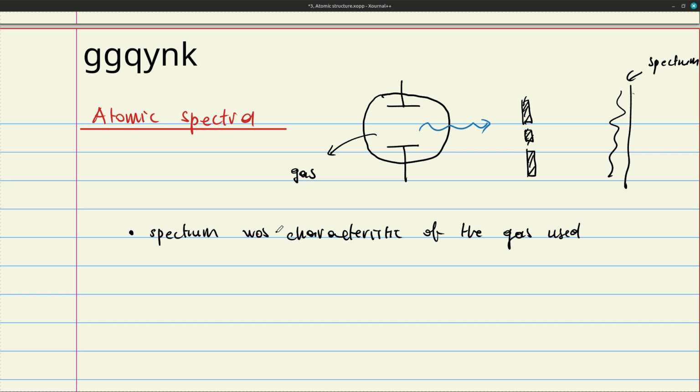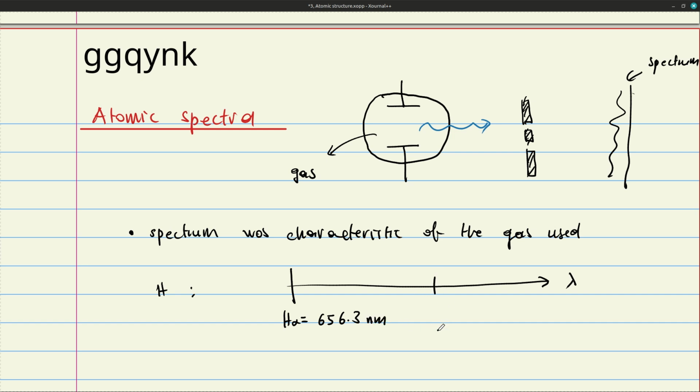Here's the result for hydrogen. This axis is wavelength. You had one spectral line which is called H alpha, at 656.3 nanometers.